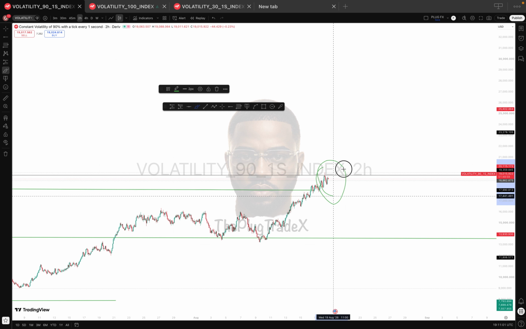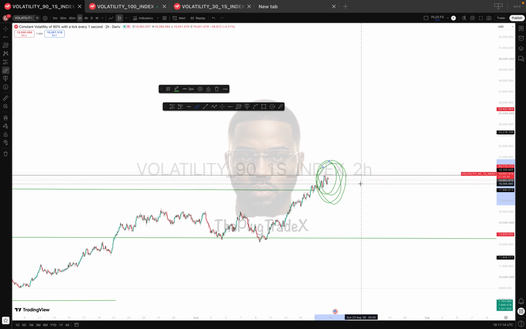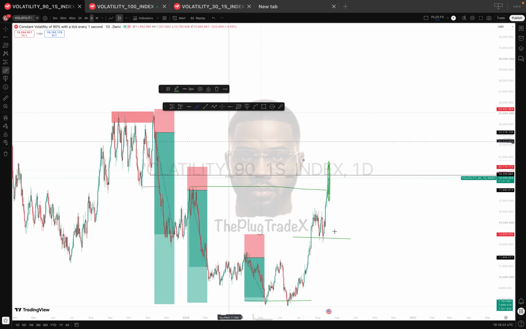A whole lot will happen over here, because I'll still do a follow-up video with this. A whole lot is happening with this zone. A whole lot of stop losses will be hit. You need a clear break in structure before you take that sell. You need to wait for the right setup before you take a trade.